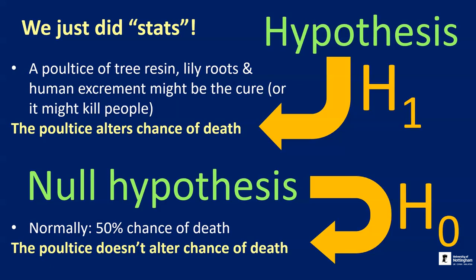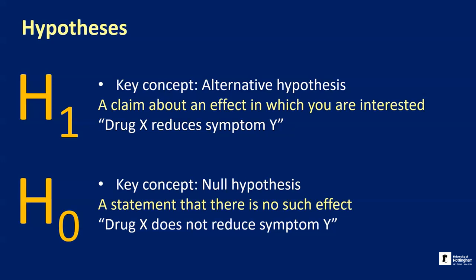And it's these two hypotheses that we try to challenge with data, and we try to reach a conclusion about which of them is more plausible. So these are key concepts. The idea that a hypothesis is not just any old statement about what's going on, it's a specific statement that something is happening in your study system. That's H1, the alternative hypothesis, versus a statement that says nothing is happening, which is the null hypothesis.